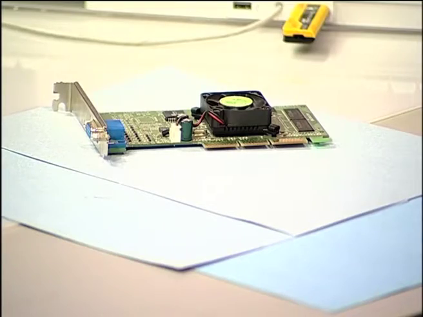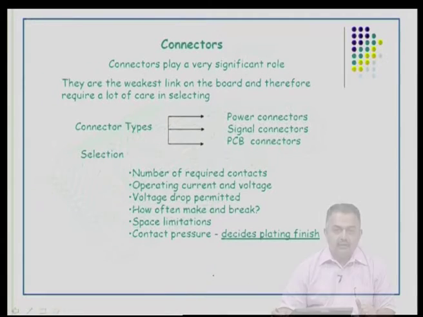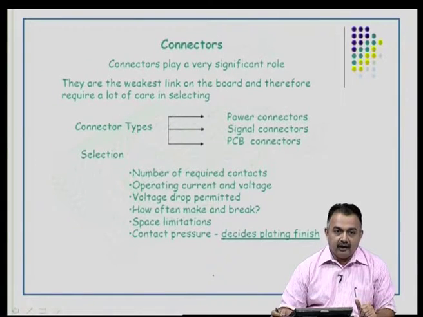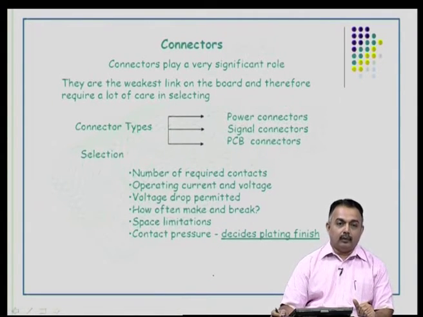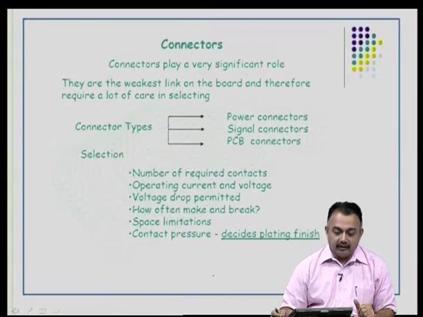For example, this could be a daughter card that can go to a motherboard. Therefore, there should be a reliable connection between the 2 printed circuit boards. So, connectors play a very significant role. Probably they are the weakest link on the board, and therefore, it requires a lot of care in selecting what type of connectors you require for that particular application.